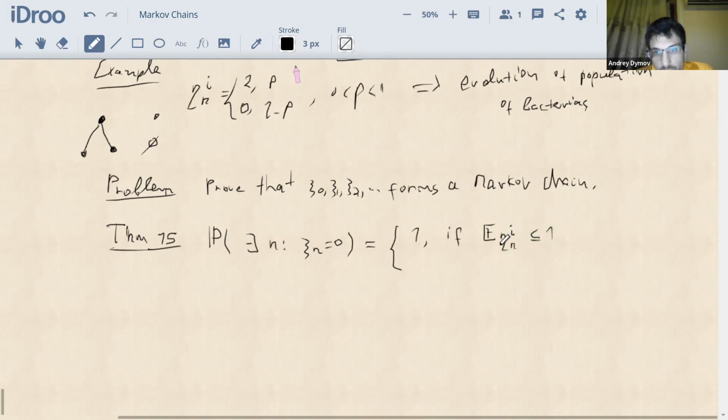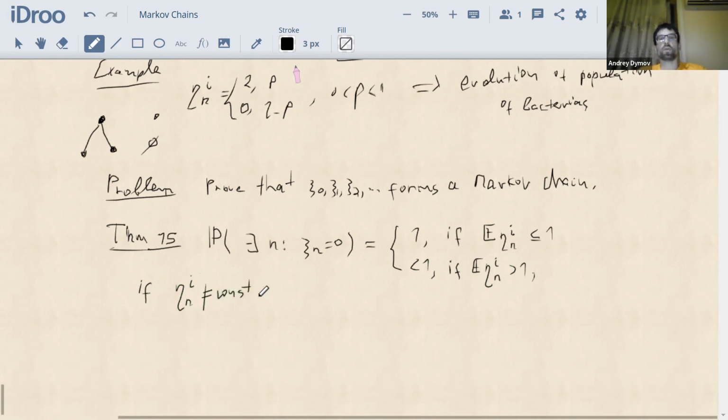Less or equal than 1, and it is less than 1 otherwise, if this expectation is strictly larger than 1. The only additional assumption that I need is that this eta is not equal to a constant.